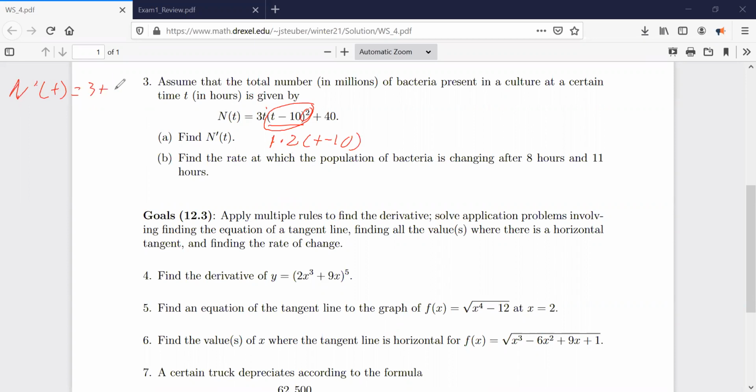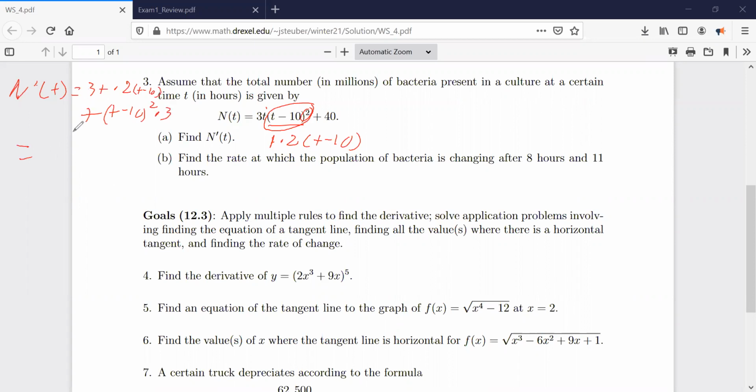So I do first times derivative of the second, which we just determined is 2 times t minus 10 plus second, so that's t minus 10 squared times derivative of the first, which is just 3.